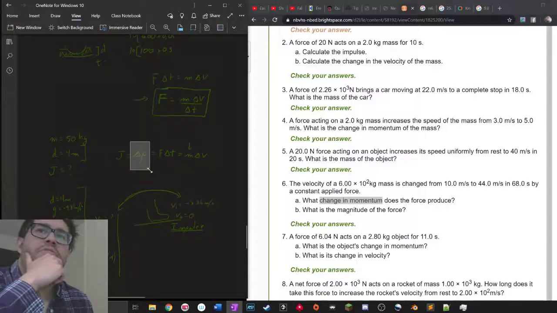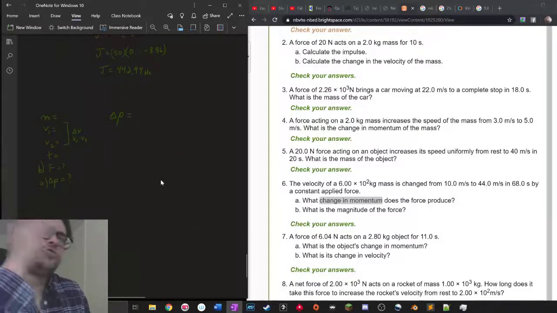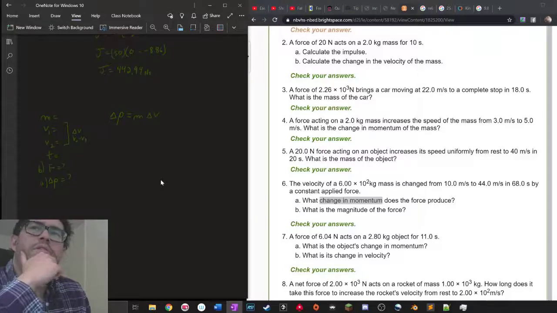So we could use delta V equals original concept. I was just looking for something more complicated, but we could use this.